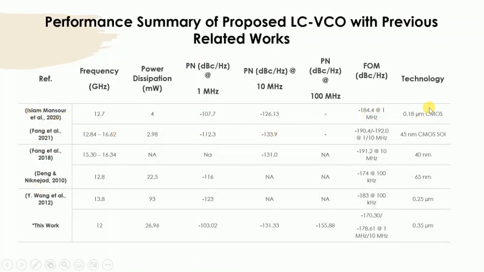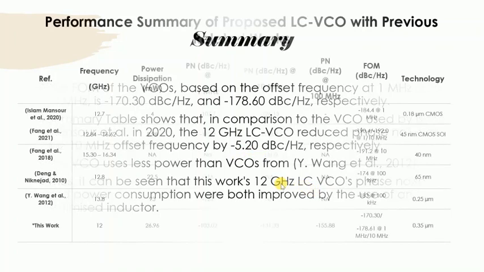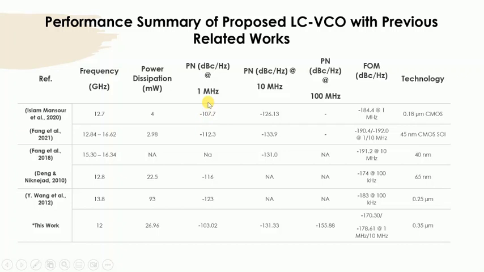Okay, clearly here we can see that the 12 gigahertz LCVCO reduced the phase noise at the 10 megahertz offset frequency by negative 5.20, if we compare that result with this. This is our work, and this is Islam Monzor.